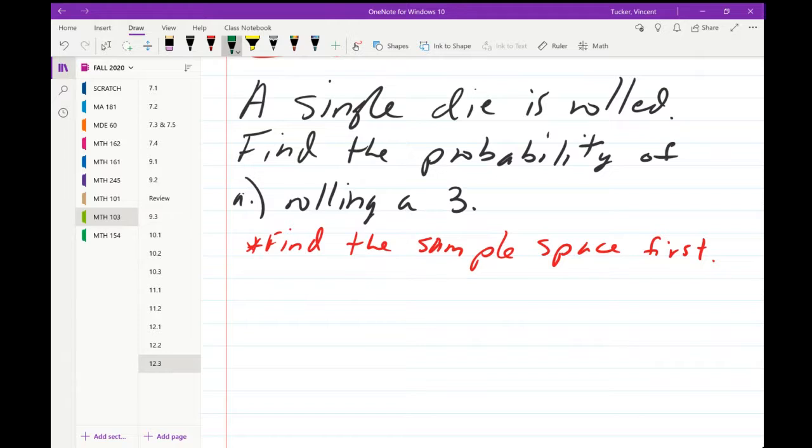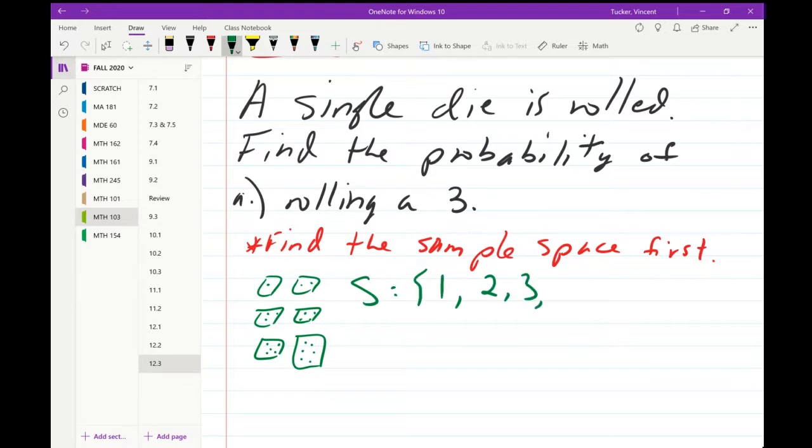So when we look at a single die being rolled, you've got 1, 2, 3, 4, 5, 6 as our sample space. That means the number of outcomes in my sample space is 6.